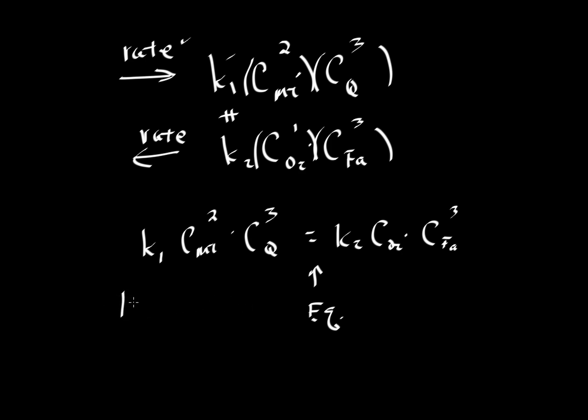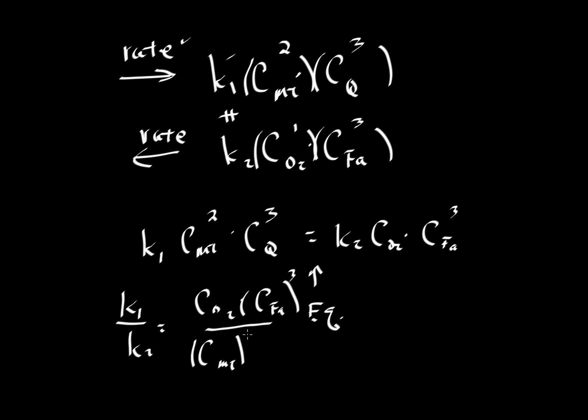You can take K1 divided by K2, and with a little bit of algebra, we would say that that is equal to the concentration of O2 gas multiplied by the concentration of fayalite raised to the third power. And then that would be divided by the concentration of magnetite, also cubed. Oh, excuse me, that would be squared. And then that would be multiplied by the concentration of quartz, and that fellow would be cubed.